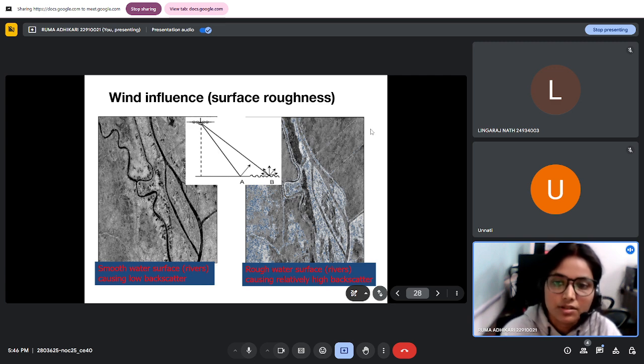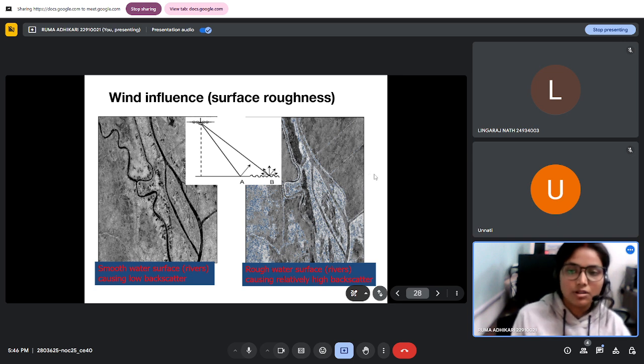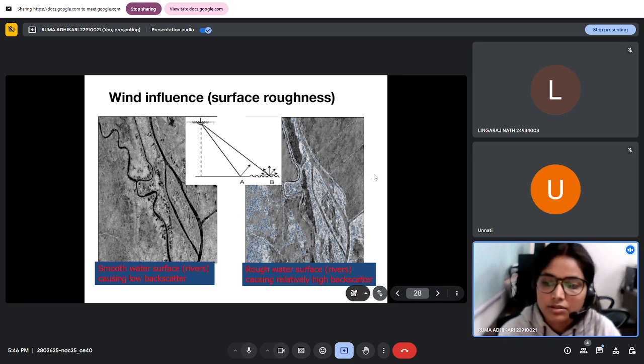Now wind also influences surface roughness. You can see in the river, the smooth water surface causes low backscatter. Again the water is appearing here. Here you can see this is our sensor, which is moving, transmitting, and the signal is going away from the sensor.